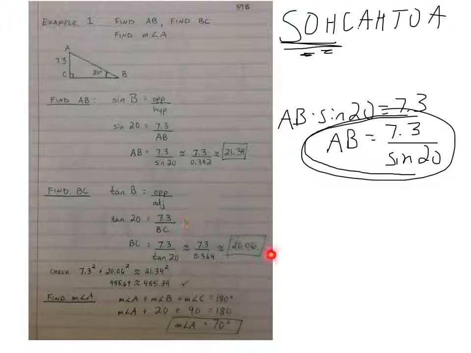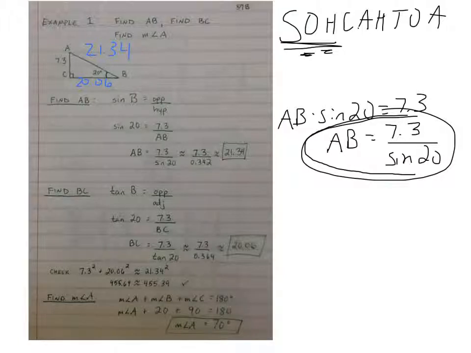And this solves out very similarly to the top one, except we're using tangent instead. And we find that the adjacent side, the leg that touches the angle, is a measure of 20.06. And our hypotenuse was 21.34.